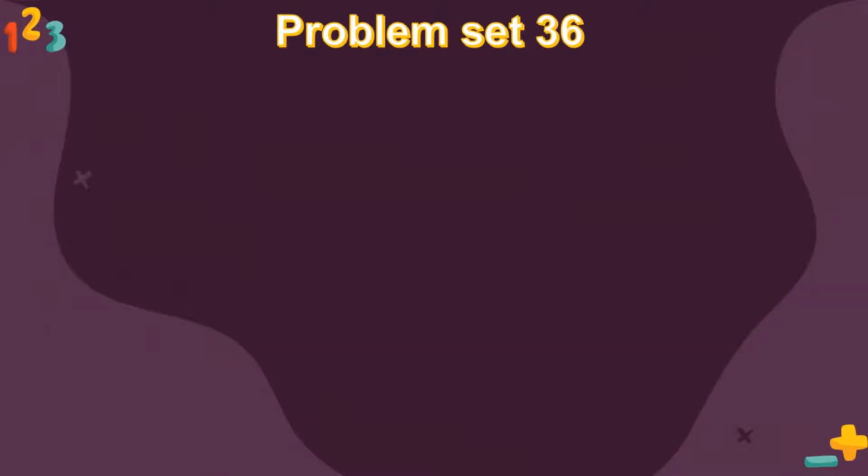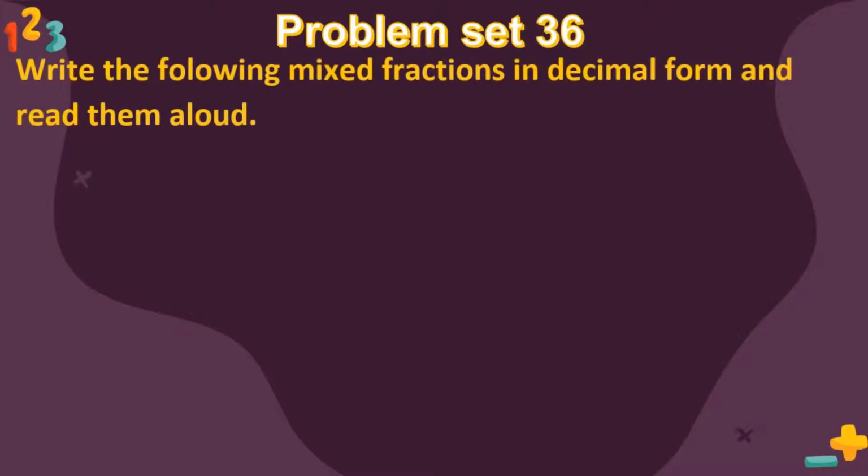Problem set 36. The question is, write the following mixed fractions in decimal form and read them aloud. The first mixed fraction we have is 3 9 upon 10. We know that in a mixed fraction, here 3 is the whole number and 9 upon 10 is the fraction part.